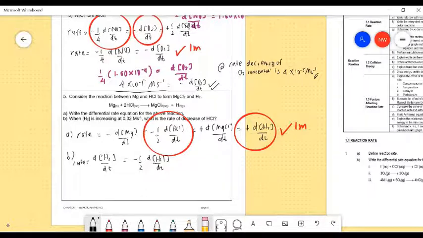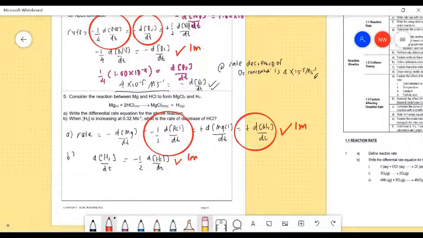So, kita tulis persamaan tersebut. Tulis rate kat depan ni pun tak apa. Okay, buat macam ni lah ya. Sorry, yang ni padam. Okay. So, you dapat macam tu. And then, barulah kita buat calculation.